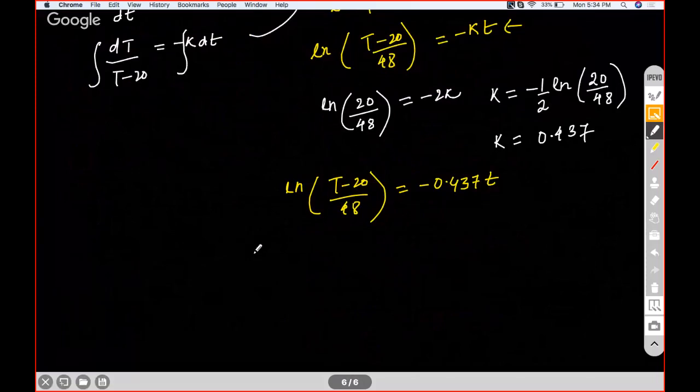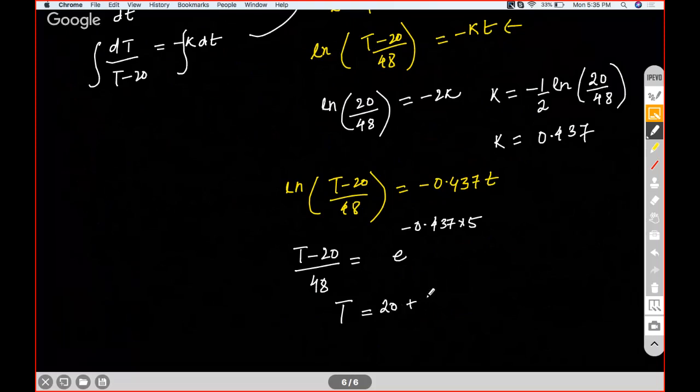So I need to know what T is after 5 hours. So (T minus 20) by 48 is going to be e to the power negative 0.437 into 5. So can I directly compute from here itself? That is 20 plus 48 times e to the power negative 0.437 times 5.